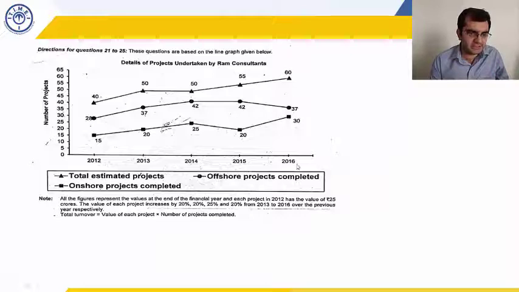We have years, estimated projects, offshore projects completed, and onshore projects completed. And the value of a project in a particular year increases from 2013 to 2016. It's given that in 2012, the value is 25 crores.